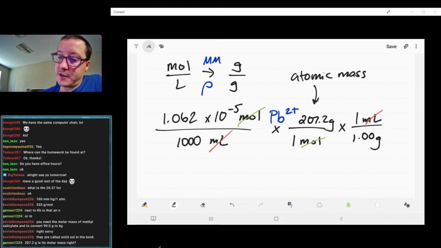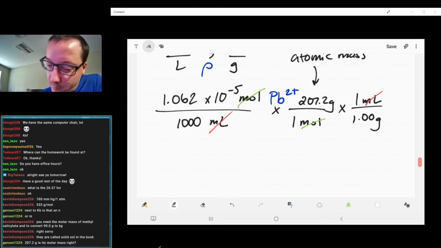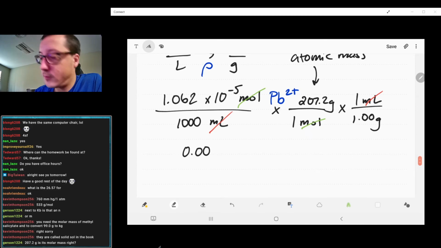So, doing this, we're going to see that we end up with 1.062 times 10 to the negative 5 times 207.2. Oops, totally typed that in the wrong box. Doing this, we get 0.0022, essentially.